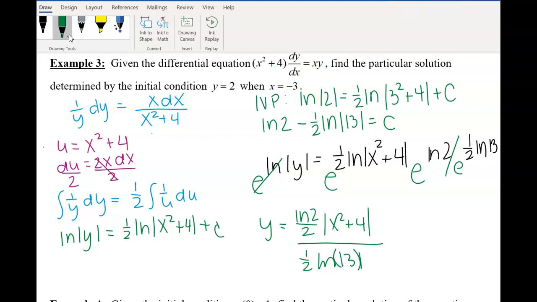What do you know about a half divided by a half? They're going to go away. Oh my goodness, my ln is here also. The e and the ln of 2. And my e.